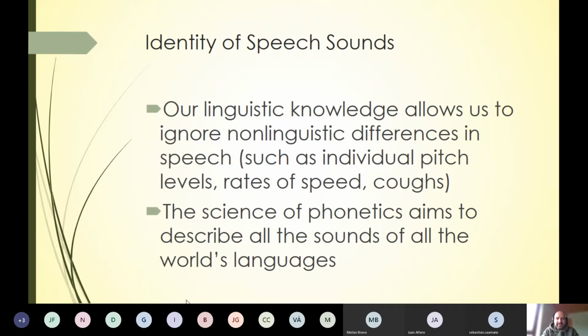Let's take a look at the identity of speech sounds. And Diane Bravo, are you here? Could you take care of this slide, please? Knock, knock. Diane, are you here? Let's take a look at the chat.